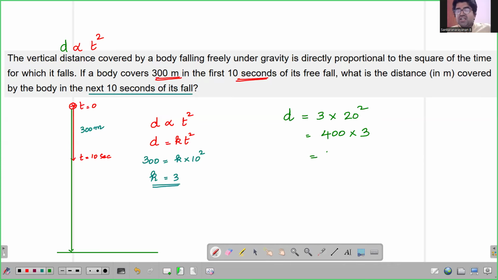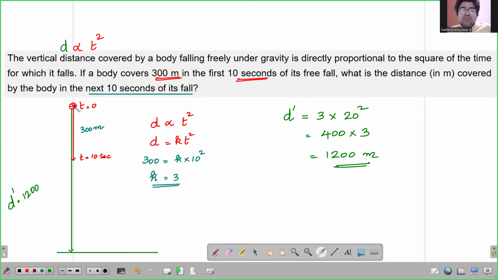This comes here as 1200 meters. You got the point? If I am considering from t equal to 0, cumulatively for all 20 seconds, the total distance covered, I would call it d dash, just to avoid confusion, d dash is equal to 1200.